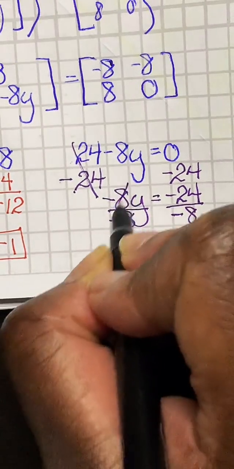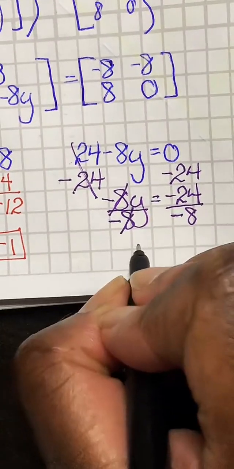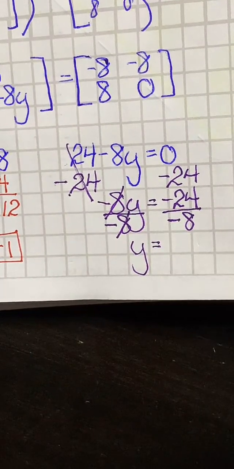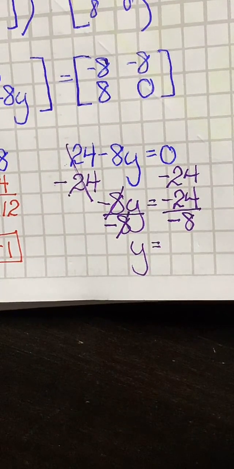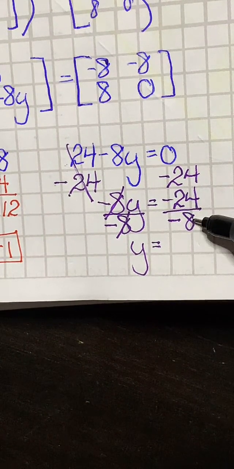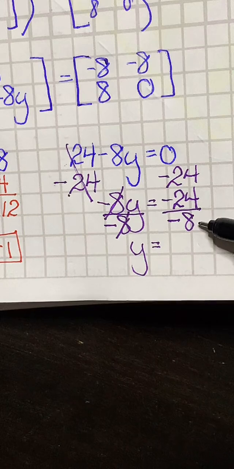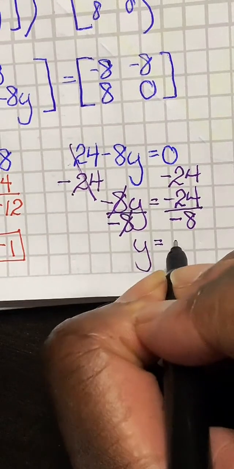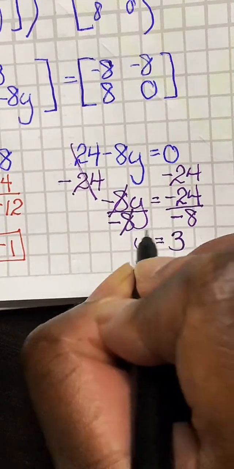We're doing this so we can figure out what y, the variable, is by itself. And yes, I see all my people with 3s. Watch your signs. A negative divided by a negative is a positive. So we're looking at a positive 3.